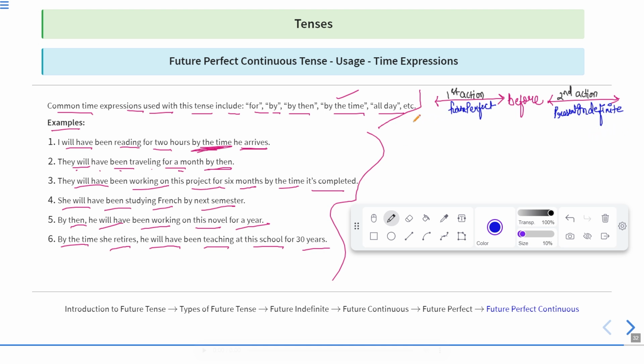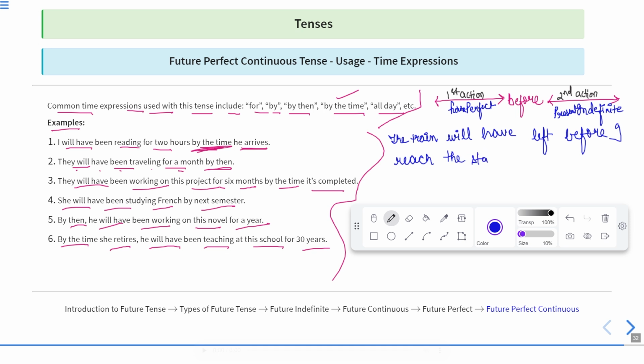How? Let us make a sentence. Suppose the sentence is the train will have left before I reach the station.